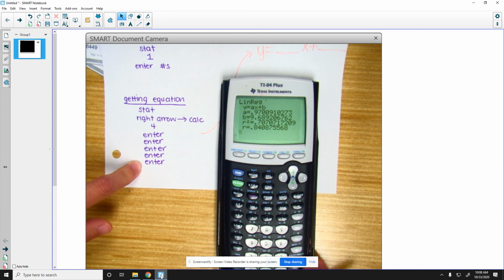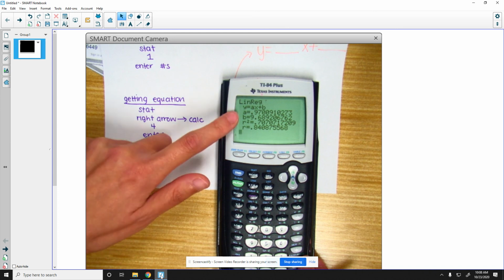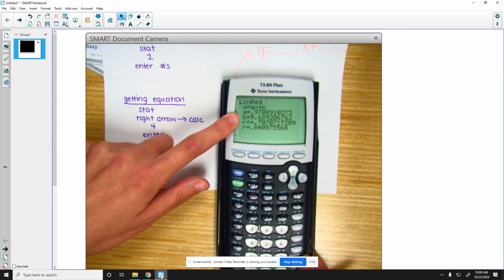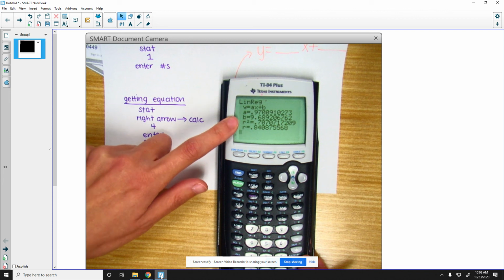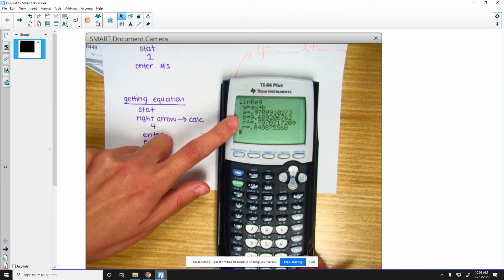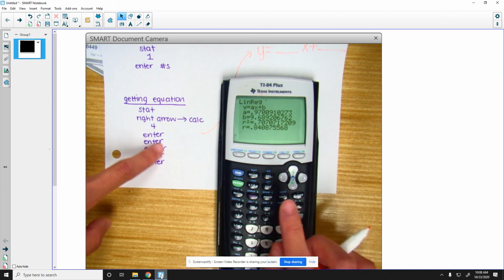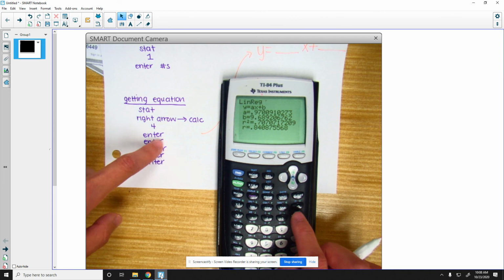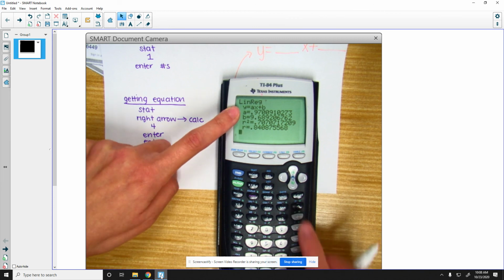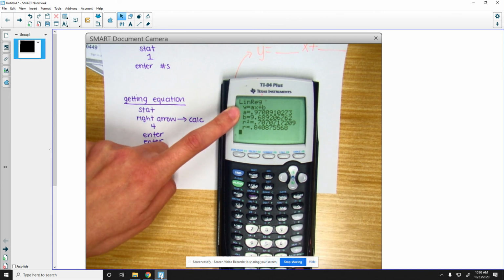Okay, Luke, did you have to hit enter, enter, enter, or did you just get this answer? I had to hit enter, but then at the very end it says error archived. Yeah, because I think that yours is L2, L3. So Luke, go back to stat, calc, and then hit enter just 1 time.